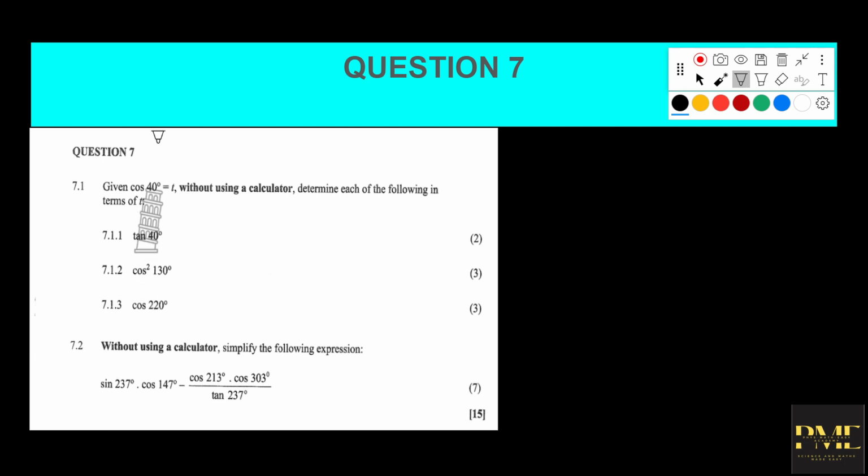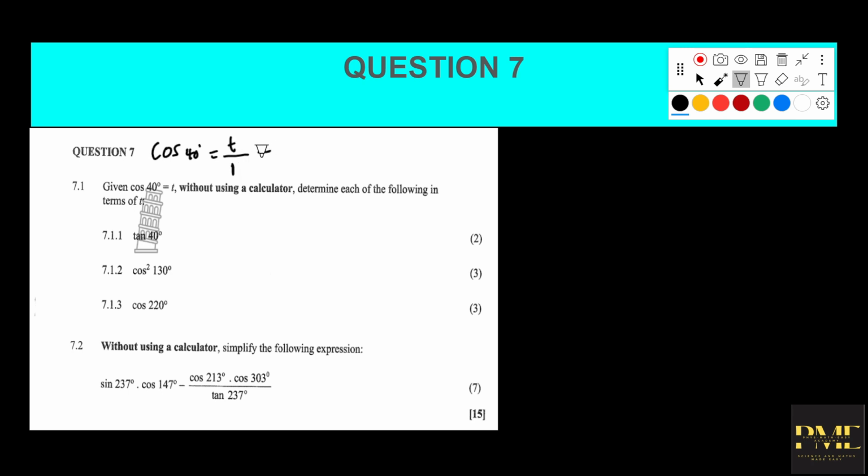Okay, so we are told here that we have cos 40 degrees equal to t. We know that t is basically t over 1, because 5 is 5 over 1, 10 is 10 over 1, so it means t is t over 1.